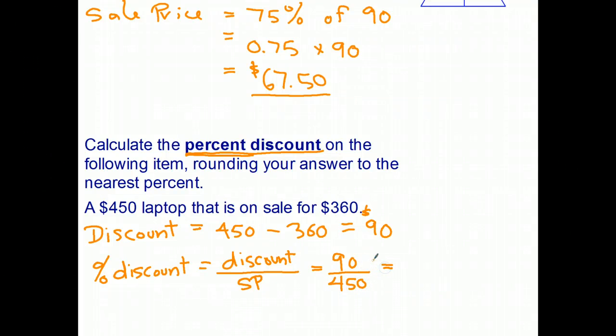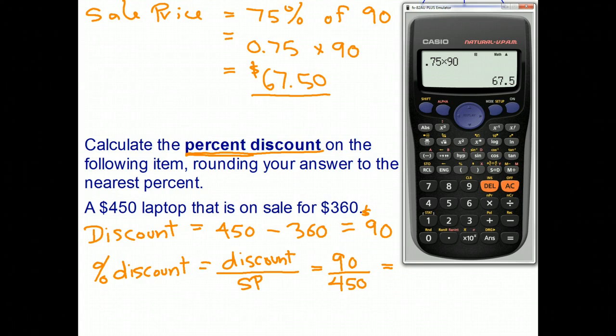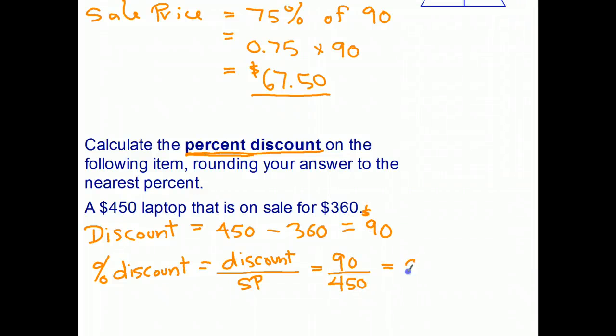Let's turn that into a decimal. 90 divided by 450. And that turns out to be 0.20, which is a 20% discount. Okay, so there's some of the slightly harder questions on financial applications of percentages.